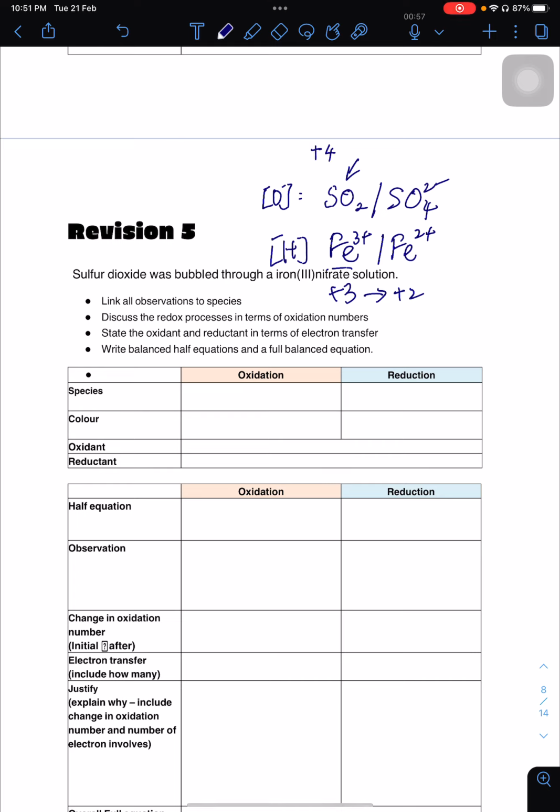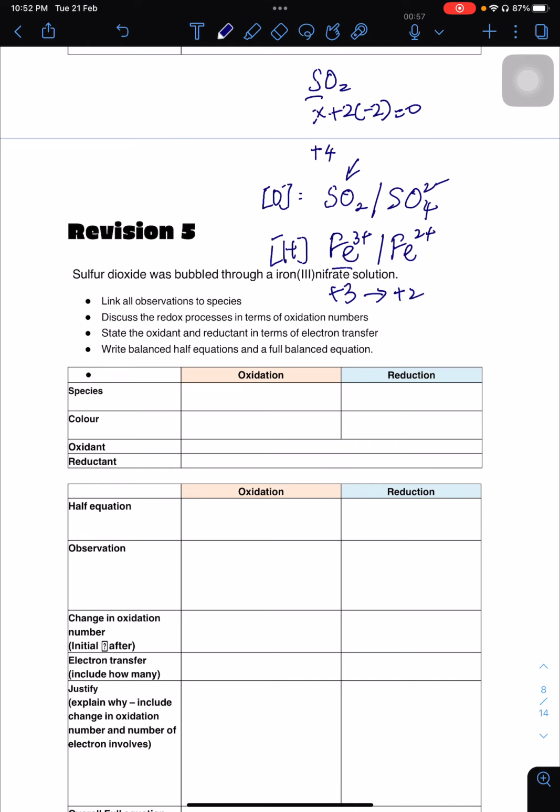In this case, that's +4. So in case you have forgotten how to find oxidation number, always put an X for the element that you intend to find. That's the X for sulfur, 2 for the oxygen, oxide carrying the charge of -2, equals 0. And this is how we get the +4.